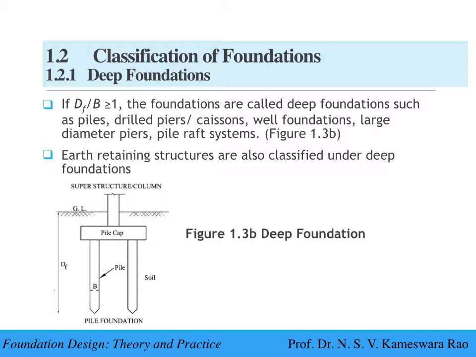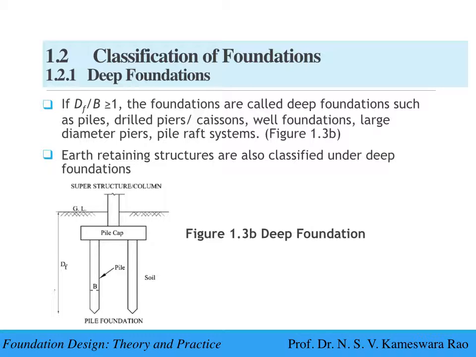A typical deep foundation is shown in Figure 1.3b. If dF/B is bigger or equal to 1, the foundations are called deep foundations, such as piles, drilled piers, caissons, well foundations, large diameter piers, and pile raft systems.